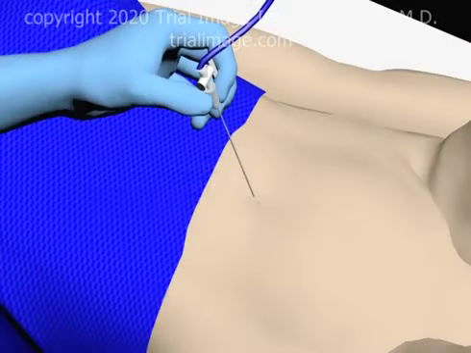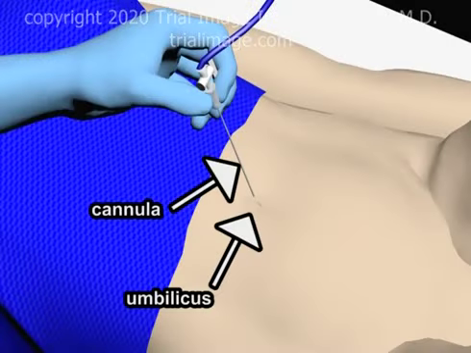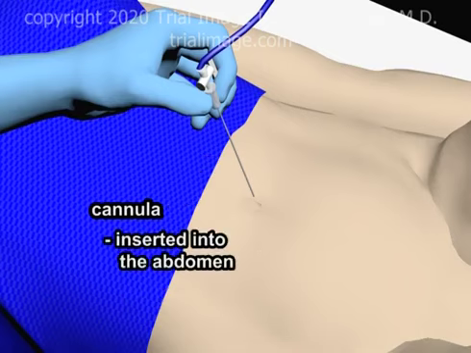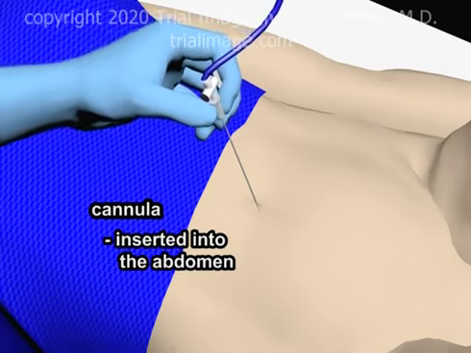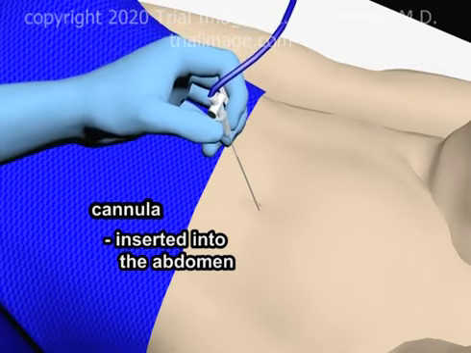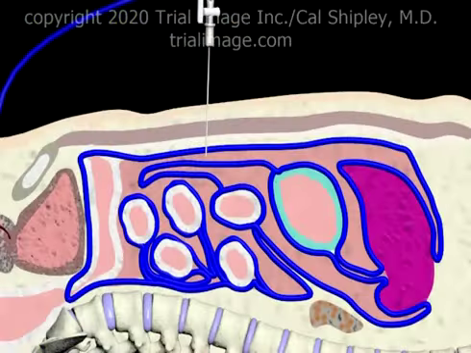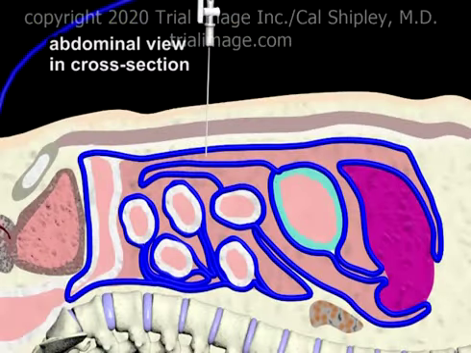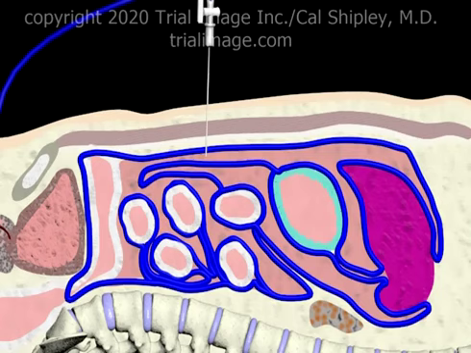The first step in the procedure is to insert a thin, needle-like cannula into the abdomen in the area of the umbilicus. Viewing the abdomen from the left side in a cross-sectional view, we can see the cannula inserted into the peritoneal space.